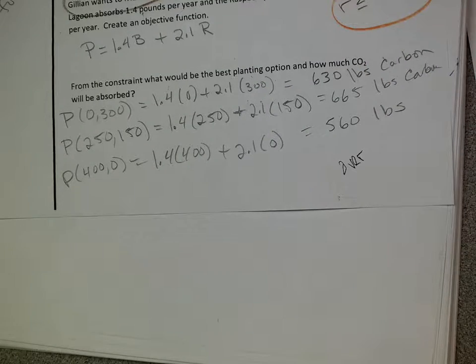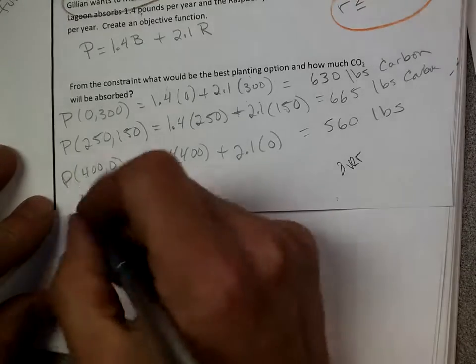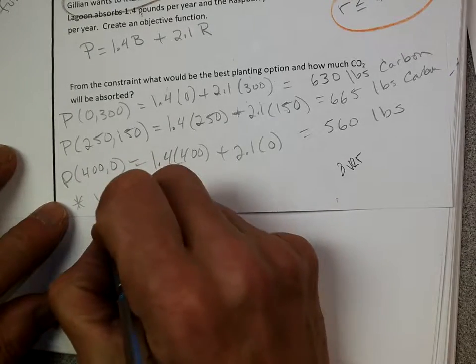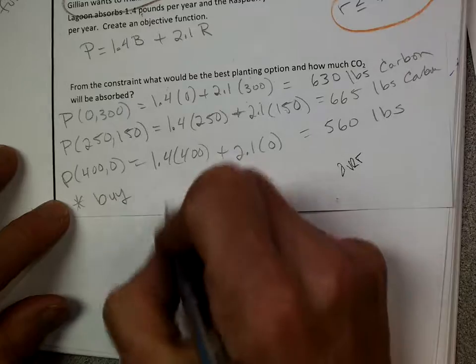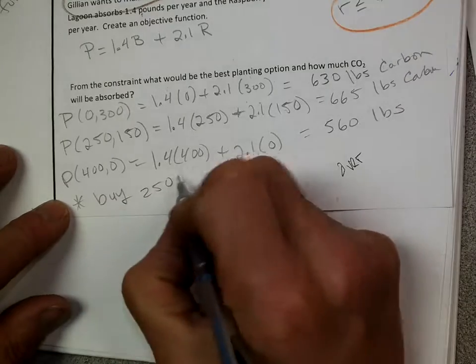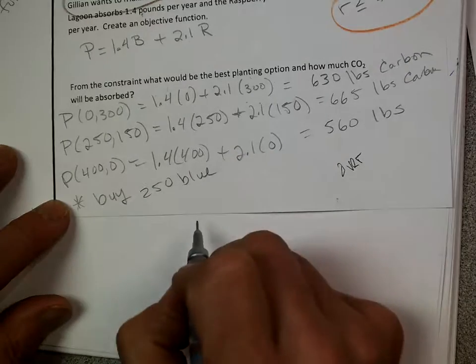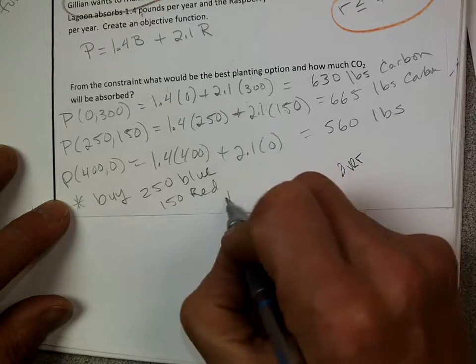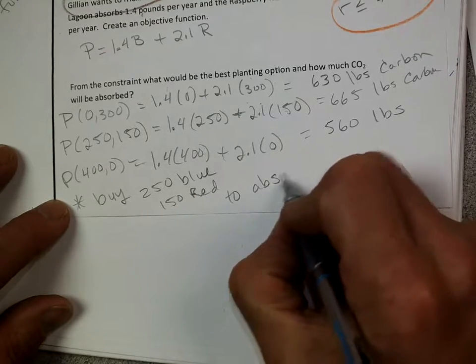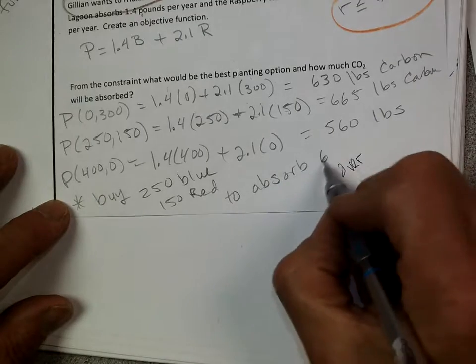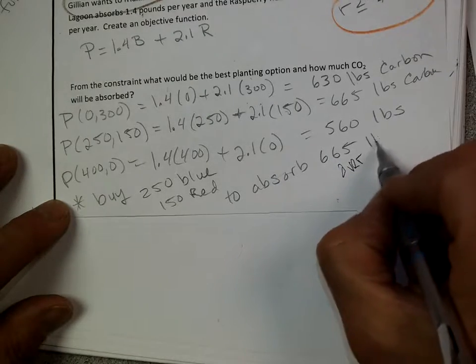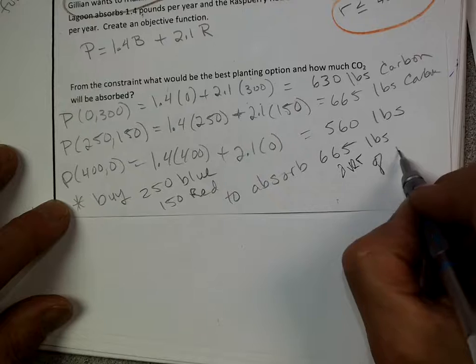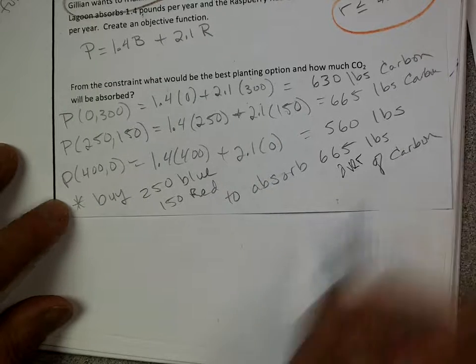So I've got to answer the question. We're going to buy 250 blue and 150 red to absorb 665 pounds of carbon. Okay?